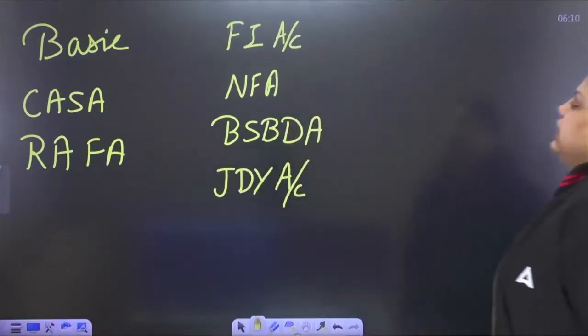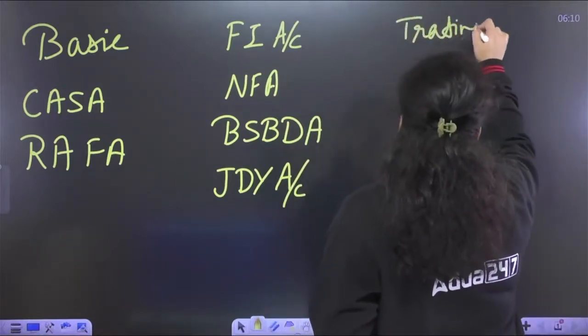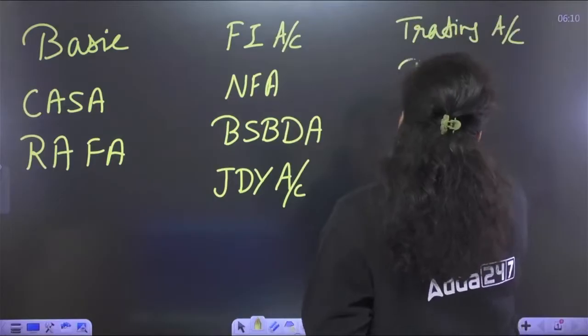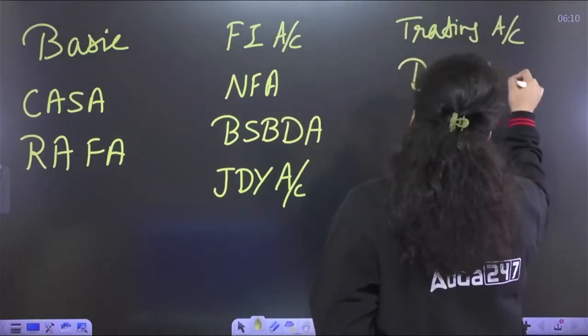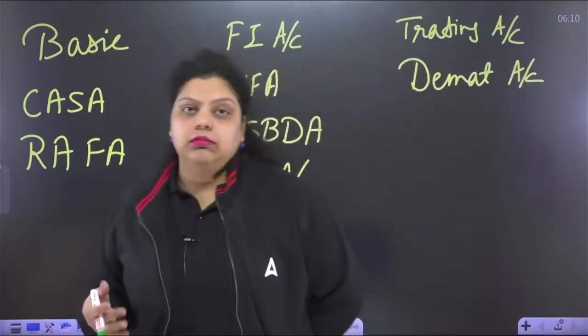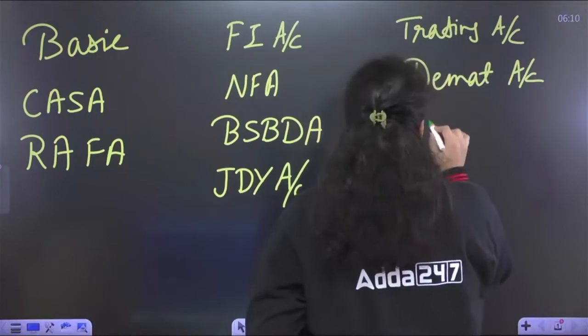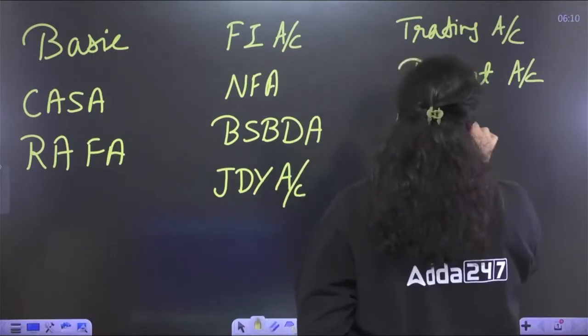Now apart from that, we have a trading account. That is the demat account, a dematerialized account in which you can open and maintain your securities in electronic form. That account is known as a demat account. Then we have the escrow account.